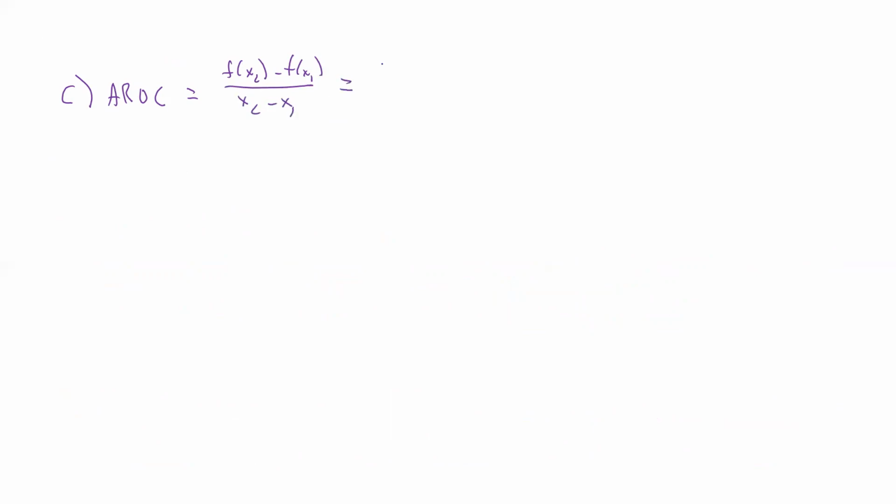We have 43 minus 40 divided by our x2 was 2008 minus the first one was 2004. And so that's 3 divided by 4. And that's going to be 0.75. And their units here, they're going to be percentage points per year.